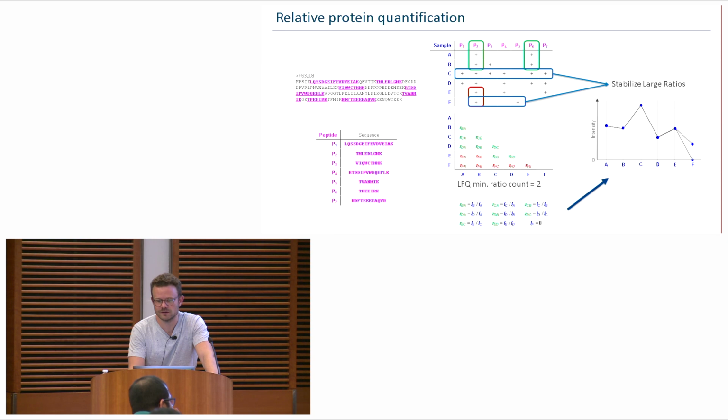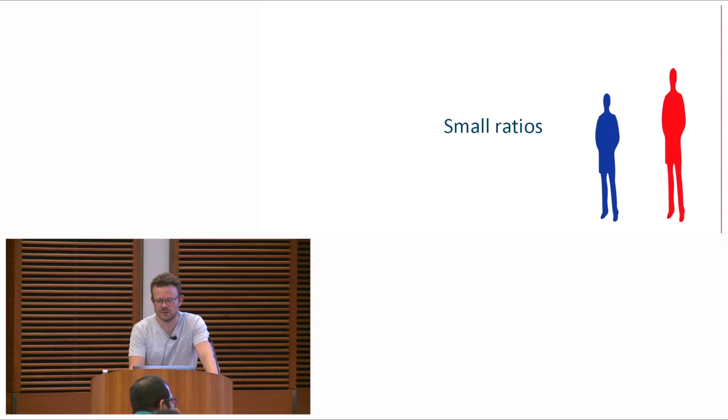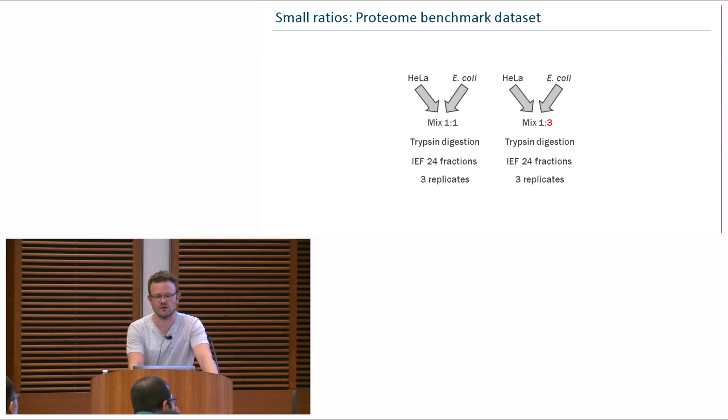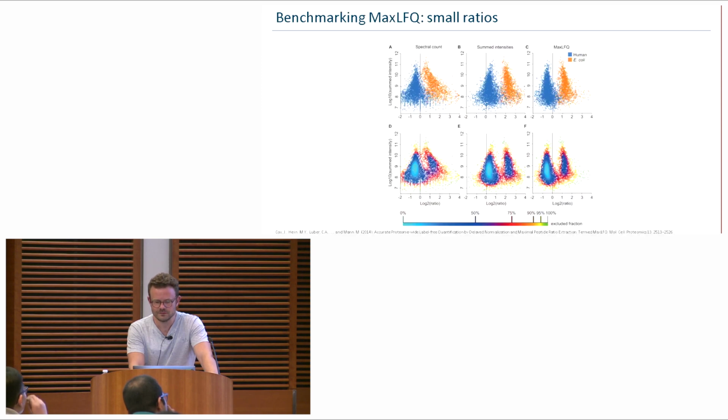We can compare our intensities, and let's do some benchmarking. Let's first have a look at the small ratios. For this, we look at this experiment, which is a HeLa and E. coli mix, 1:1 or 1:3, with 24 fractions and 3 replicates.